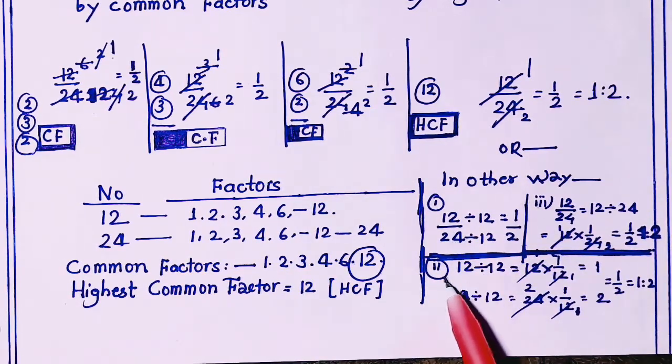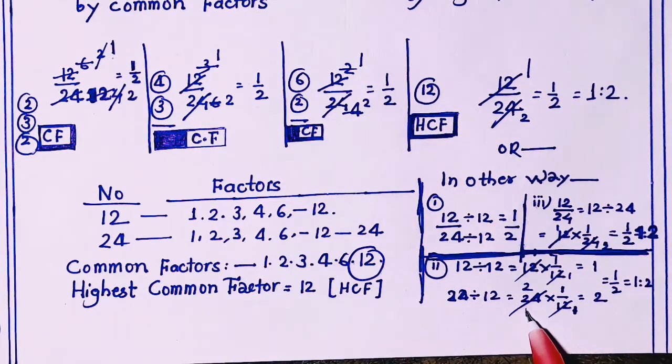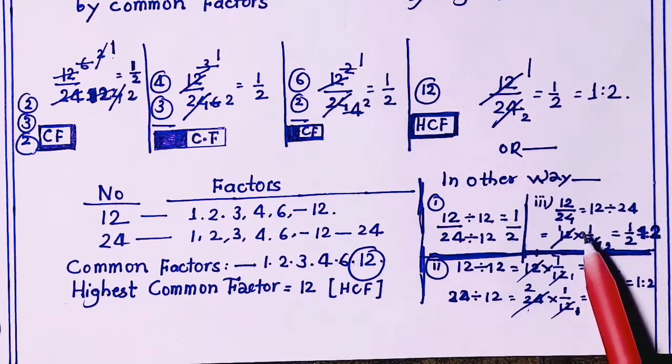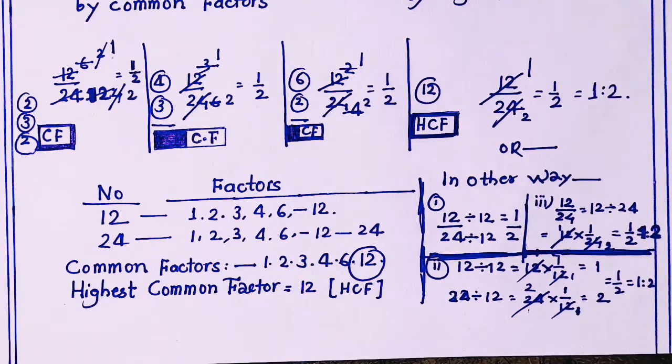The first and the second example you can see, and there are two examples given here. So in this chapter, it is explained that the simplest form of a fractional number can be got in many ways.